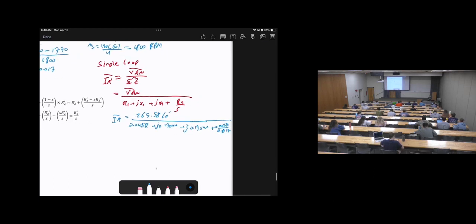Then the answer, after putting this in the calculator, I think will be around 108.88 angle negative 26.32 degrees amperes. I'm not exactly sure about this number, but I'm going to assume it this way. So now I calculated the currents.